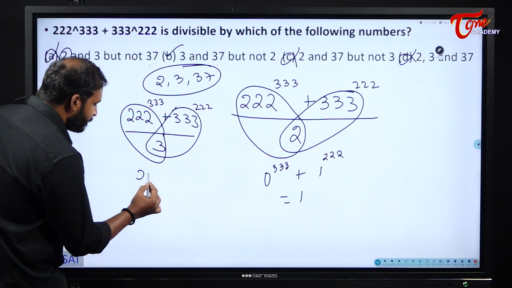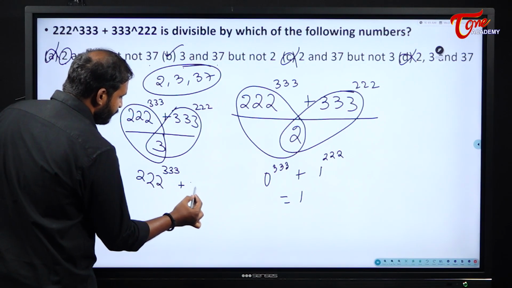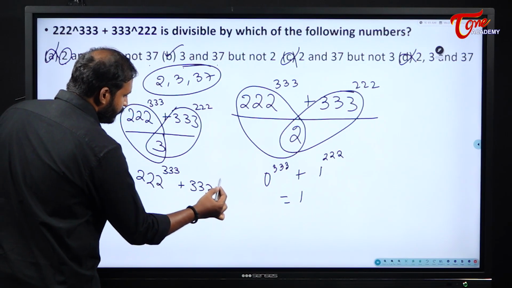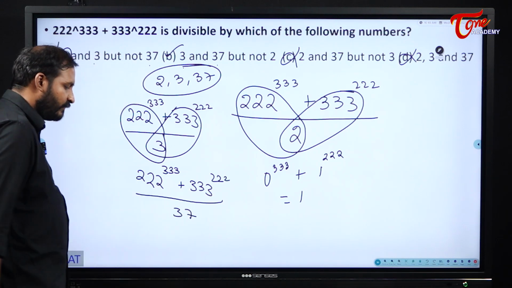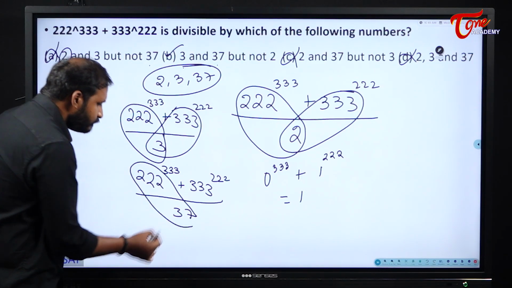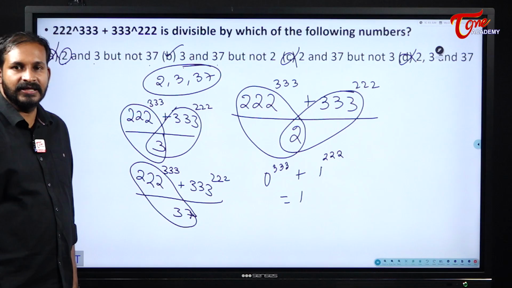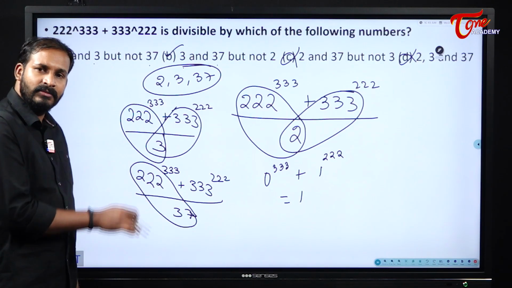Next, 222 power 333 plus 333 power 322. It should be divisible by 37. Now if you observe carefully, 37 times 6 is 222. So that means here you will get remainder as 0. So 0 power 333 is 0.